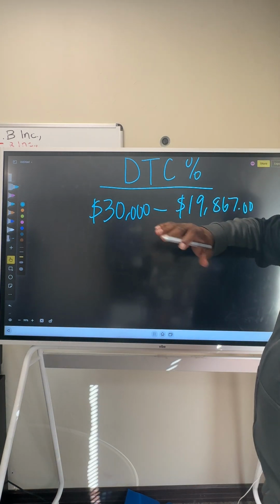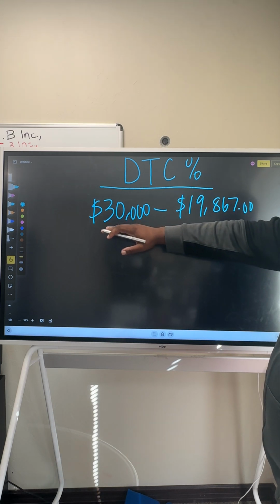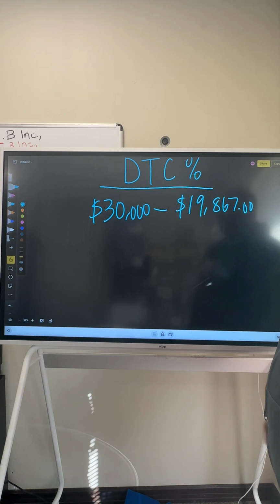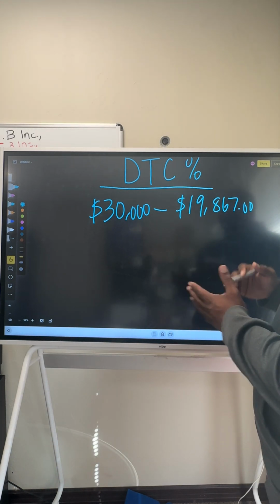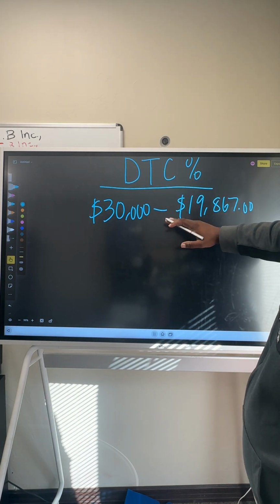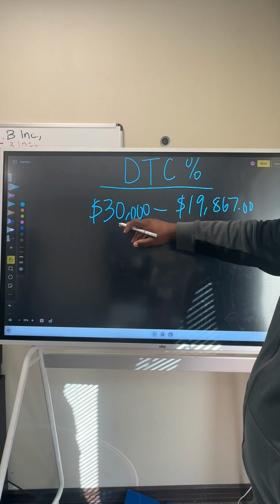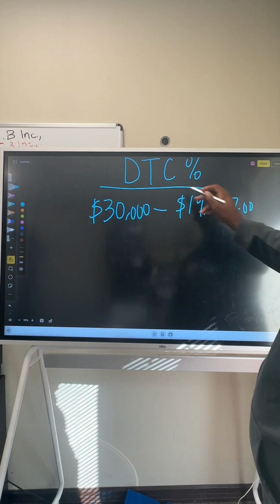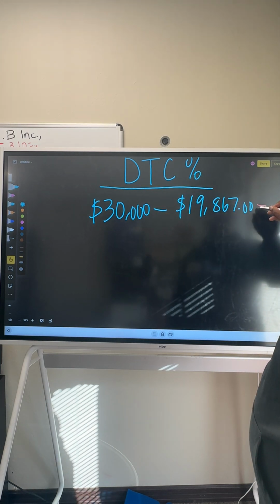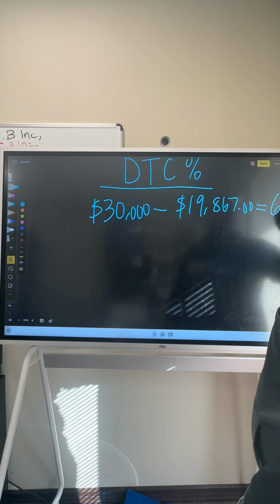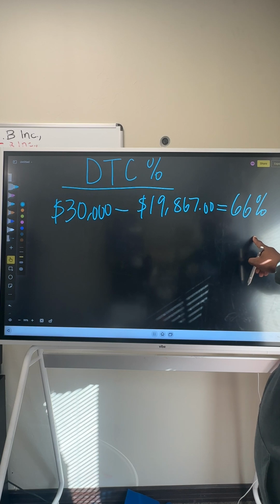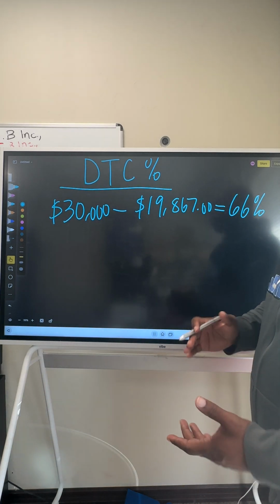So we had 30,000, this is the limit, and this is the balance, 19,867. It's called debt to credit. The first thing is you take this number and divide it into 30,000. What you get is 66%. So, boom, 66%.